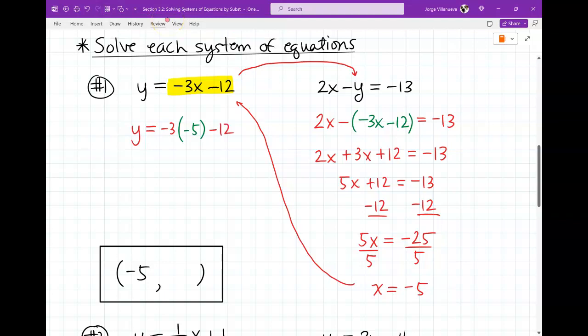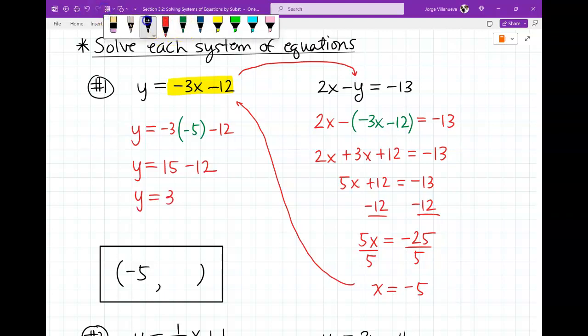So notice instead of x, it now says negative 5 because that's what x was equal to. And I'll just simplify and you're done. So y is equal to 15 minus 12. So y is 3. So my answer is negative 5, comma 3 as a point.